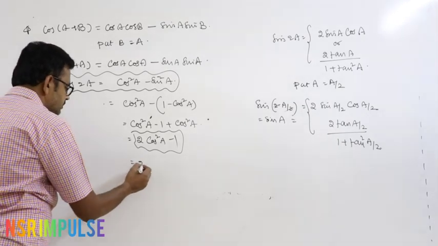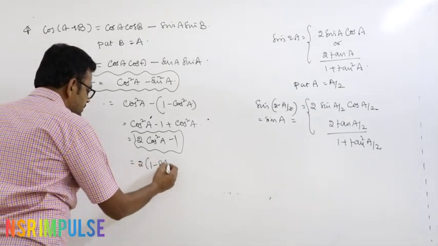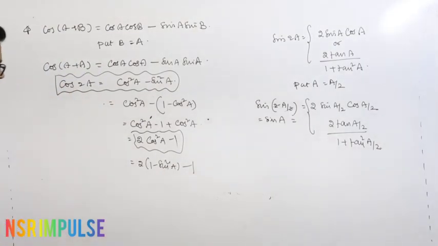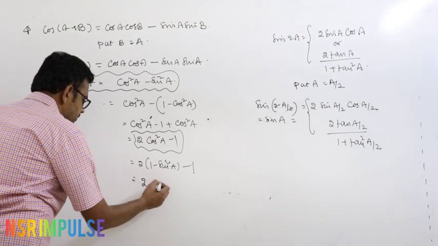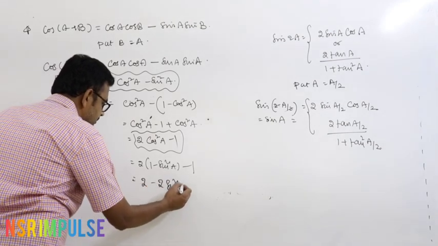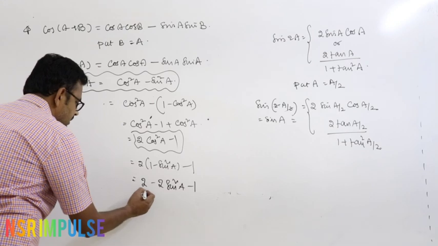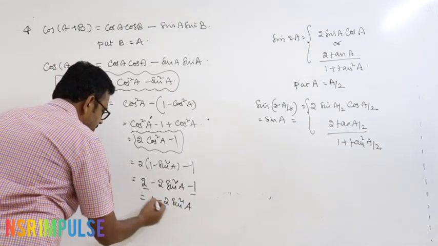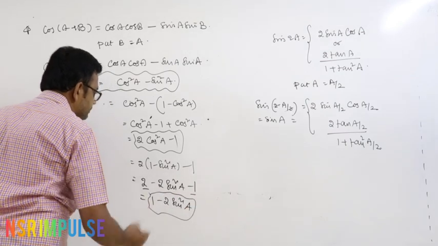That also equals 2 into 1 minus sin square a, minus 1, that is 2 minus 2 sin square a minus 1, that is 1 minus 2 sin square a. So this is one formula.